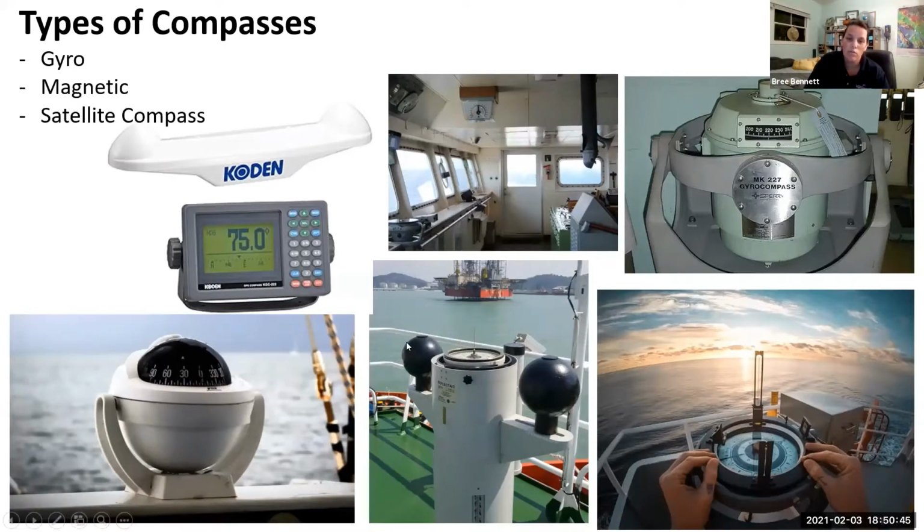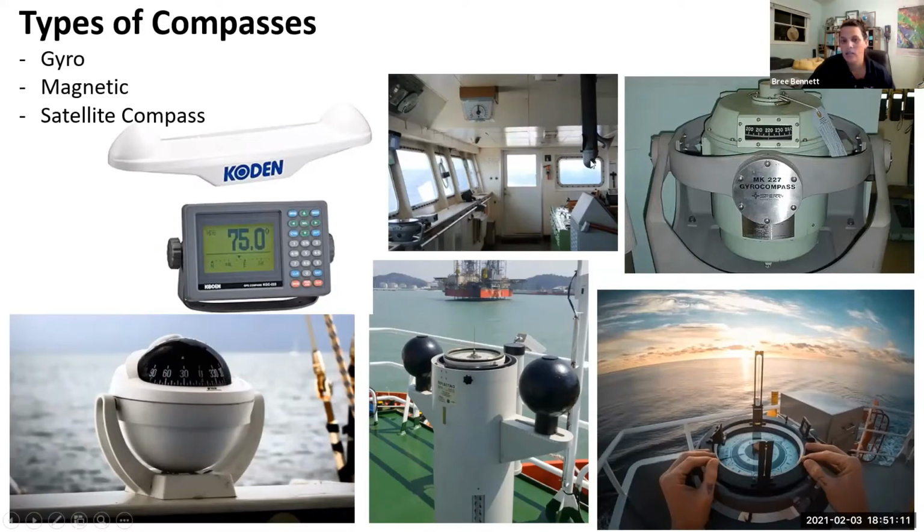But you can move these black balls, and then there's discs throughout this tower thing to adjust that magnetic compass. And we're going to get into that a little bit later. In order to read that magnetic compass, commercial vessels use a kind of periscope and mirror to read what it is saying.